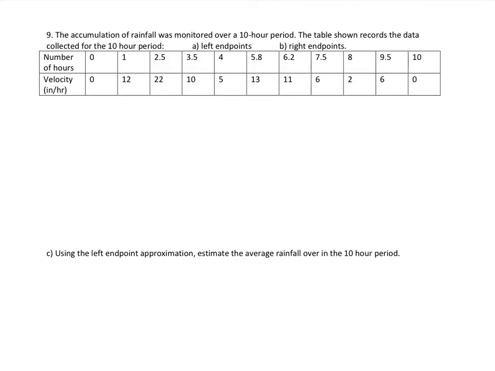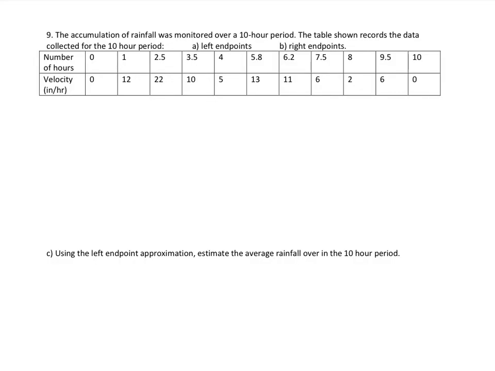Okay, so now let's go back to number 9. And in number 9 it says, the accumulation of rainfall was monitored over a 10-hour period. The table shown over here records the data collected for the 10-hour period. We need to find, I did not indicate what you had to do in this problem.